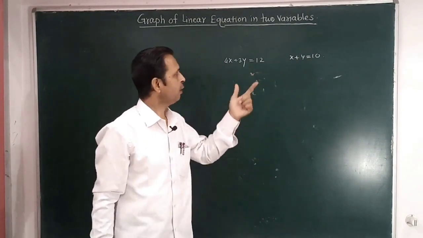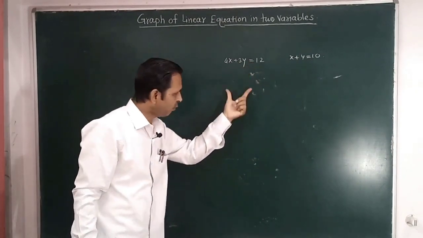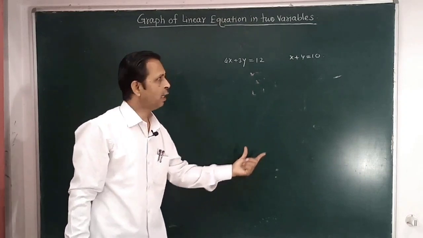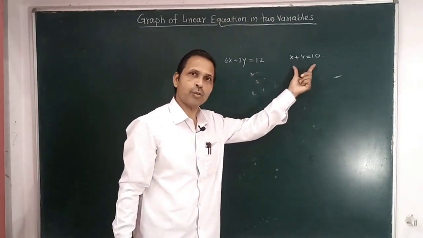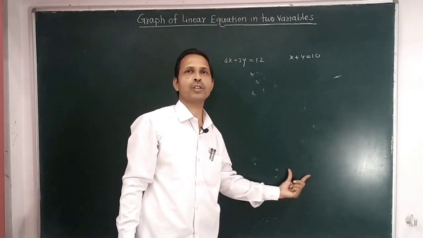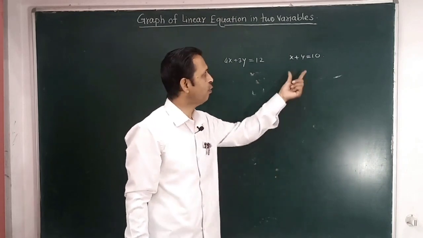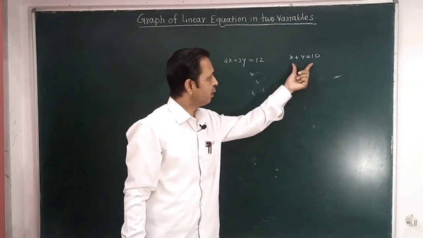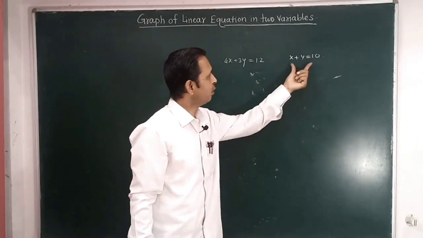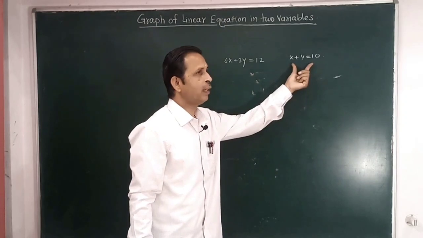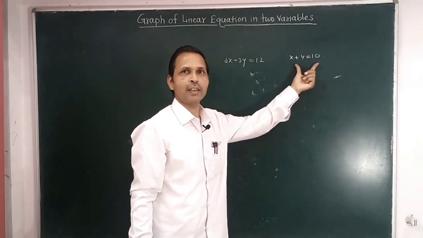We know that this equation has infinite number of solutions and this equation also has infinite number of solutions, meaning the values of x and y are different here, but this pair of x and y satisfies this equation.